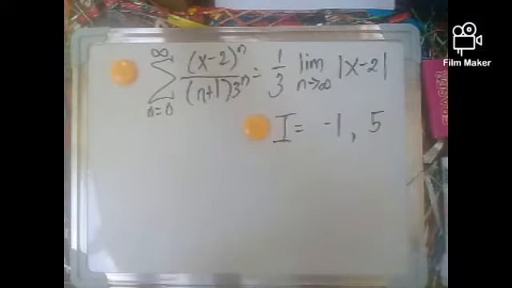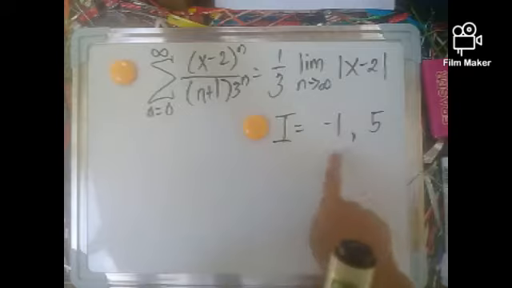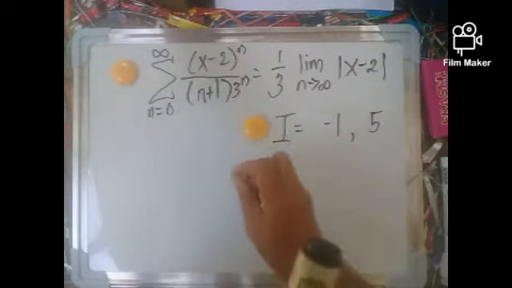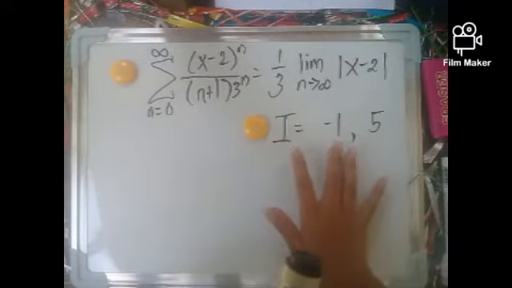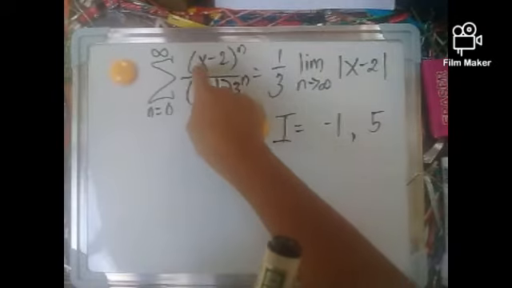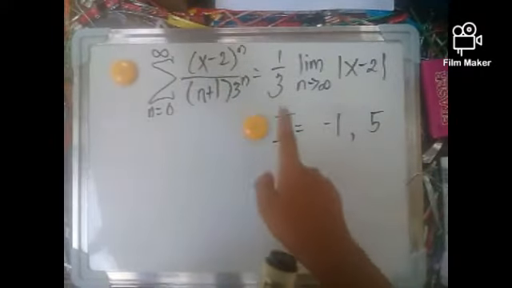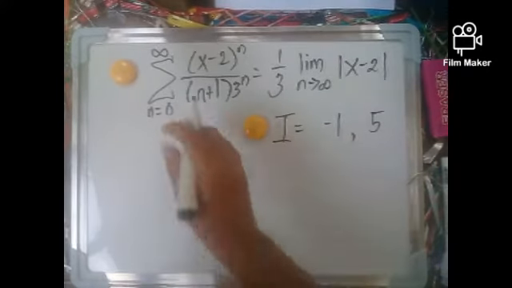Para matest natin kung nag-converge nga ba dito sa series natin or nag-diverge, the values of this will serve as the values of x. Isa-substitute lang natin siya sa value ng x sa given.